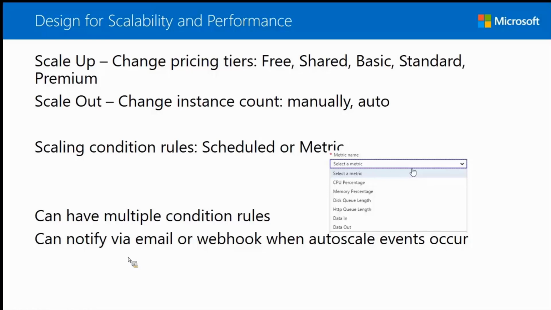Send me an SMS, send me an email, or maybe combine it with an automated tool or job, for example a webhook. Each time the autoscale condition triggers, you can receive a message, an email, or an SMS, and you will get notified each time something is happening, even if it's automated, in your web application.